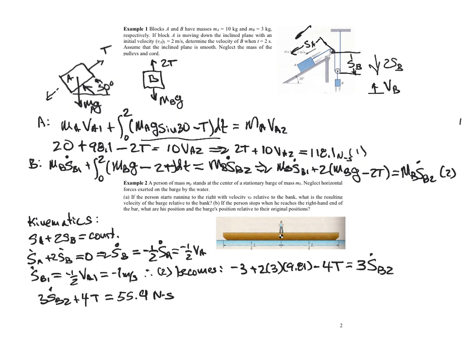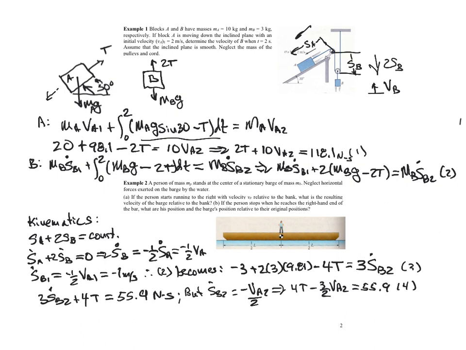And so the last thing to recognize here is that SB2 dot equals negative 1/2 VA2, and so that means I can write 4t minus 3/2 VA2 equals that 55.9. So I guess this would be equation 3, and this would be equation 4.